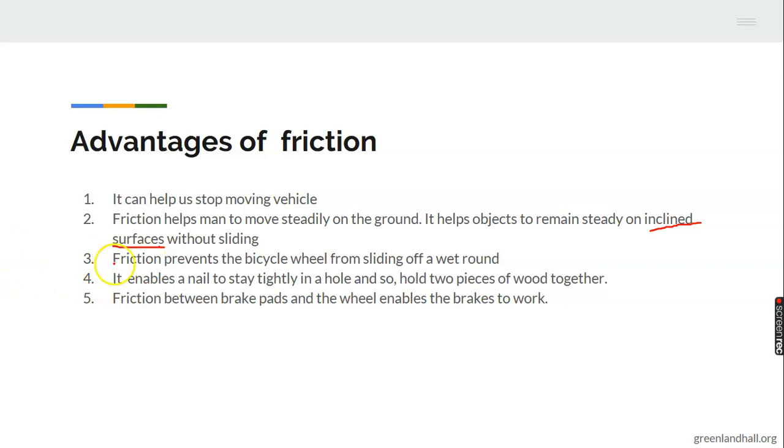And the third one, friction prevents the bicycle wheel from sliding off a wet road. The fourth one, it enables a nail to stay tightly in a hole when you are nailing a plank or the wall.